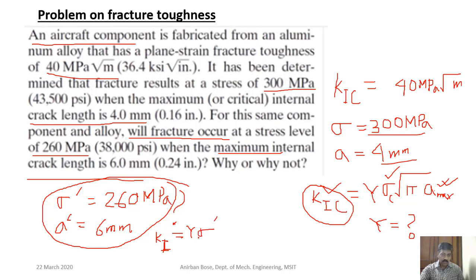Use this sigma prime into root over pi A prime. Now you know Y, because you already calculated it in the first part. Sigma prime is given, A prime is known. Find out K1.